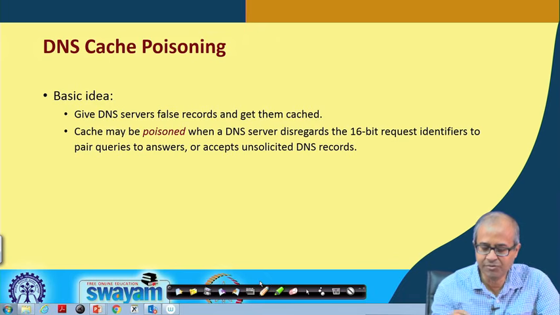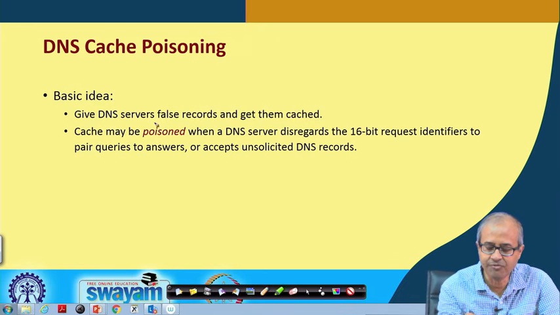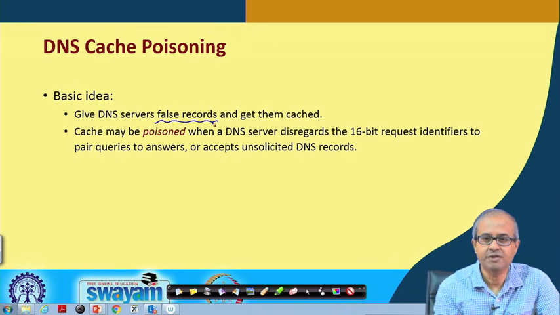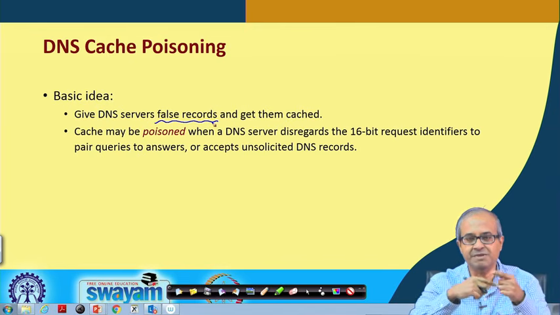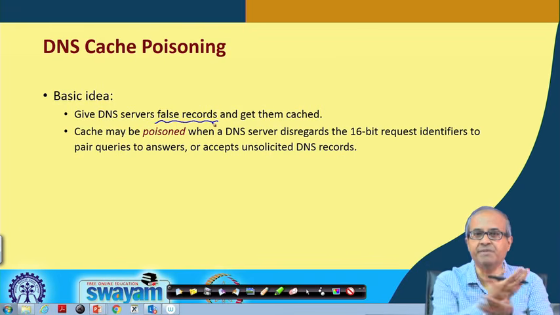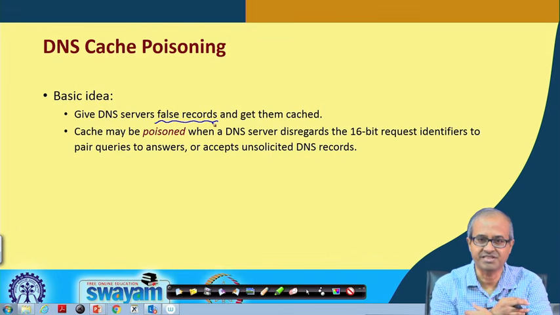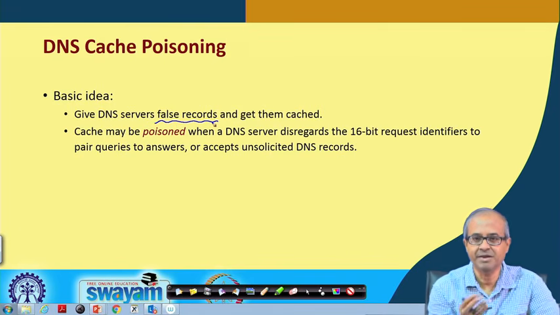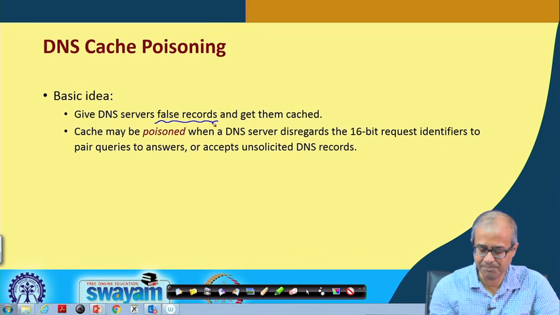But if you deliberately send some false records, a wrong IP address, that will also get cached. This is what we mean by poisoning the DNS database. So, in the future, if some requests come, the wrong IP address will be returned to the requester. Okay. This can be a security problem.